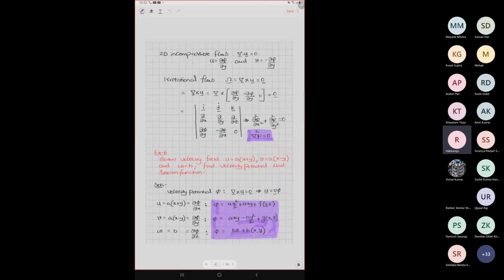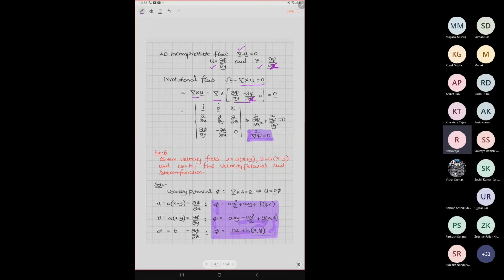Similarly, let us begin with the stream function. Incompressible, del dot u is equal to 0. That means u is equal to del psi by del y, and v is equal to minus del psi by del x. Irrotational also, del cross u is equal to 0. So I need to calculate del cross u: del by del x, del by del y, del by del z, del psi by del y, minus del psi by del x, 0.